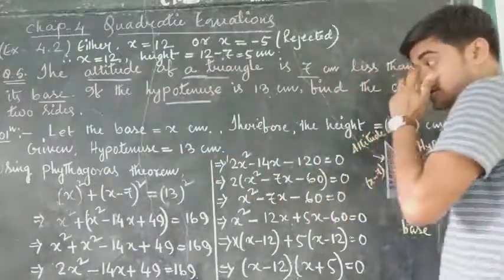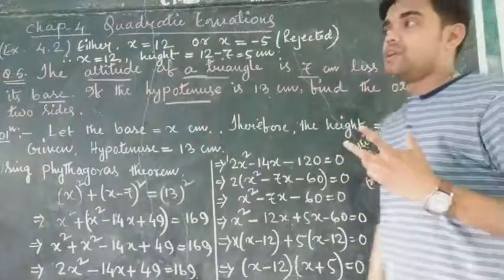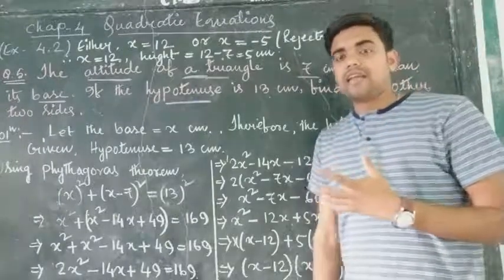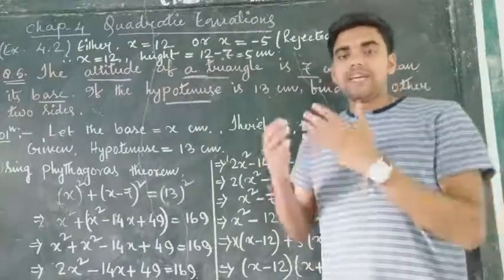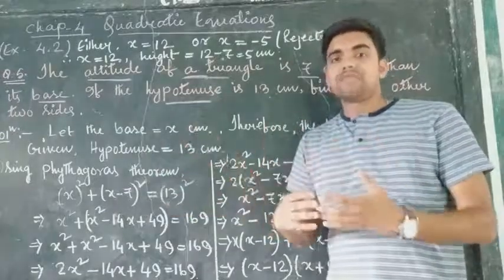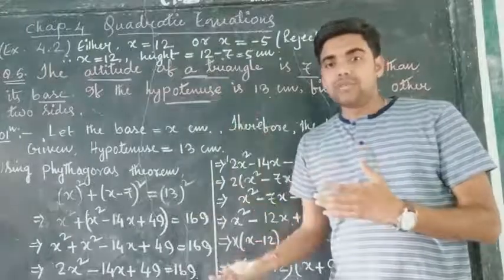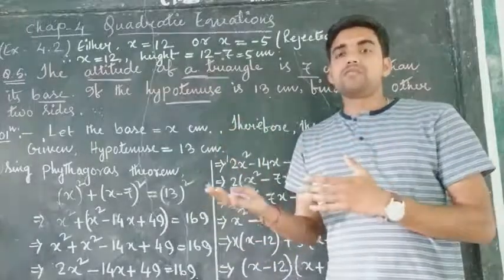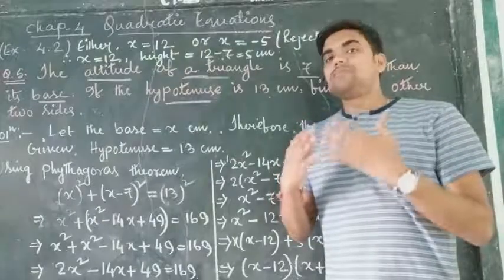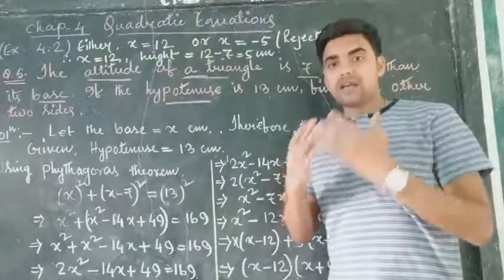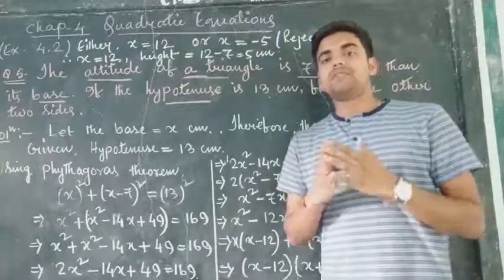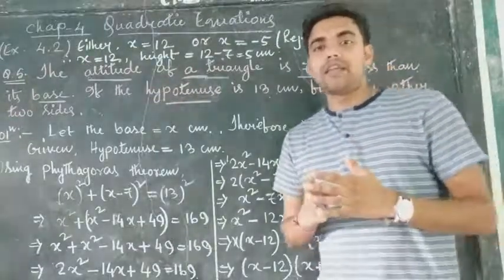Now one theorem we know for a right angle triangle: whenever two sides are given, we can find the third. Which theorem is it, my dear students?